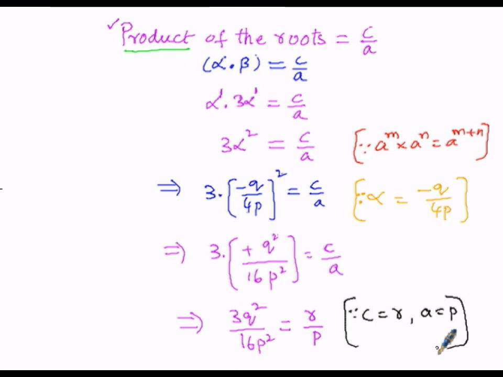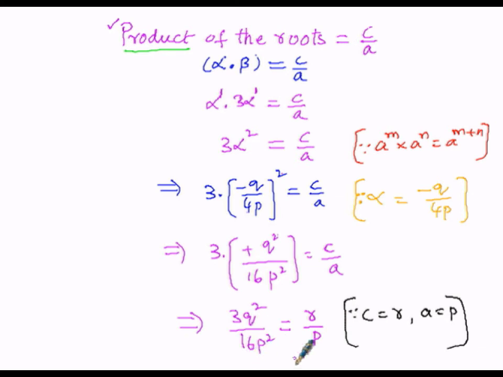Then there is p square, which can be written as p into p, divided by 16 p square. So I want to send the division by 16p square over to the right hand side. Division becomes multiplication on the right hand side. I want to transpose the denominator over to the right hand side.